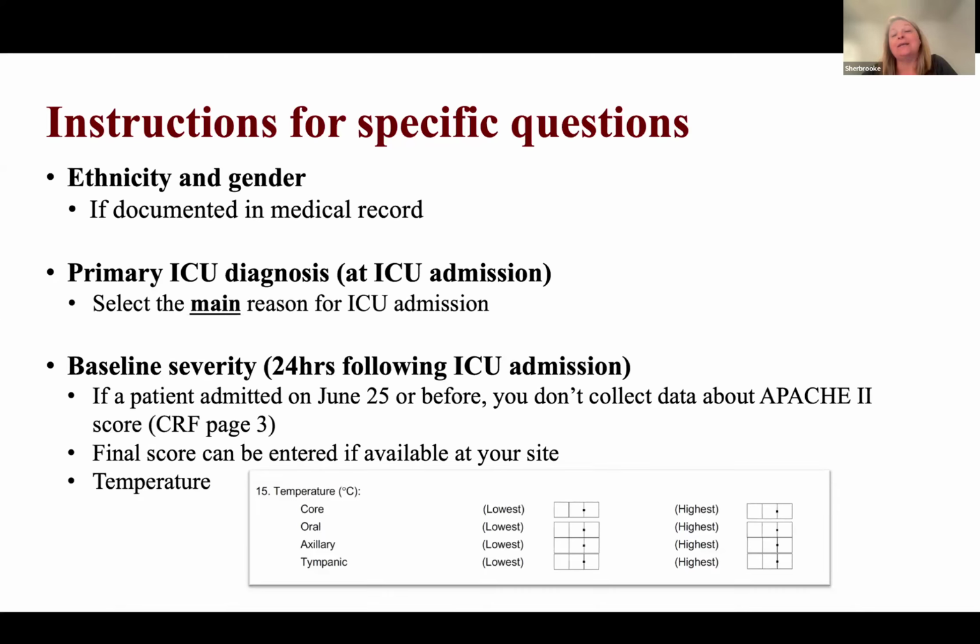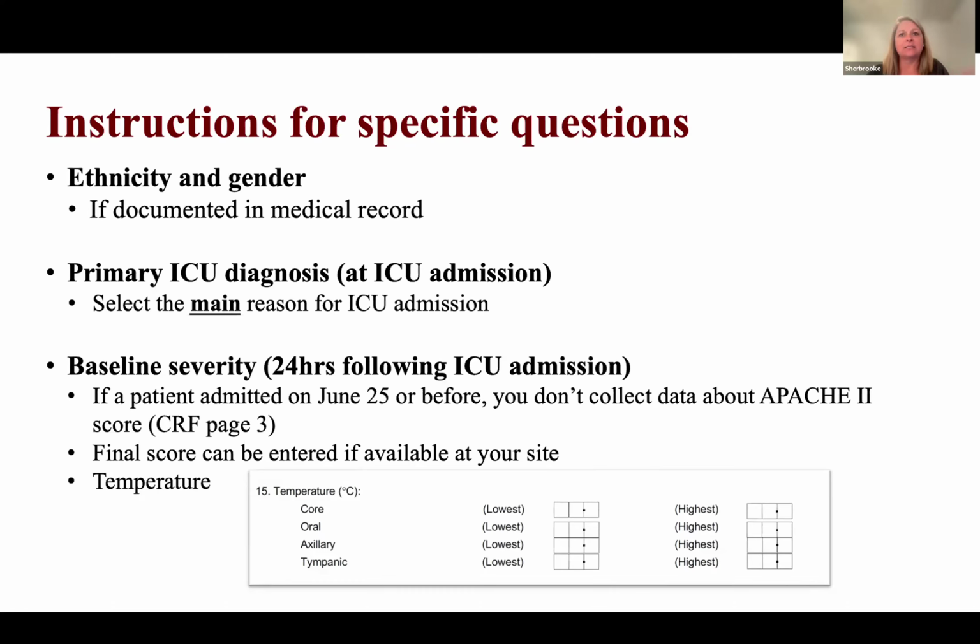During this closed window of 24 hours of ICU admission, if, for example, the patient was admitted on July 2nd at 8 p.m., you will have from 8 p.m. on July 2nd until 9 a.m. on July 3rd. So this window will be short in that case.